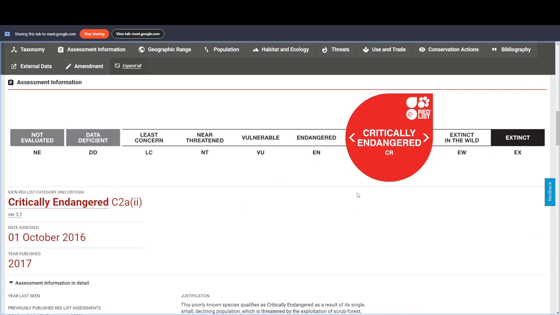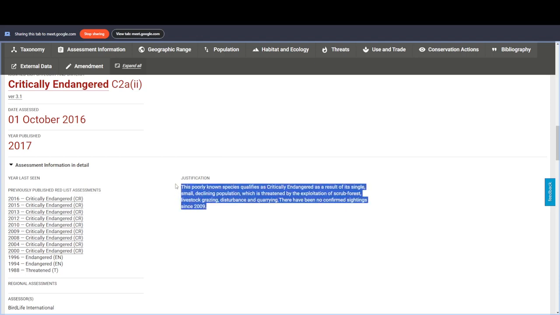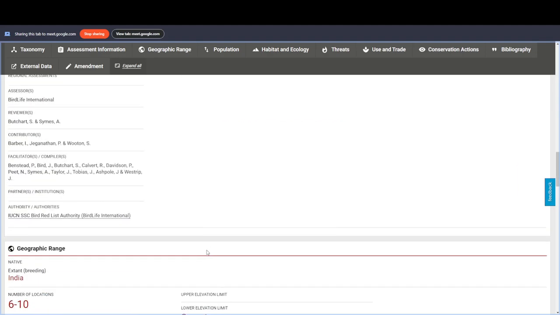So it falls under the critically endangered category because of its single small declining population, which is threatened by the exploitation of scrub forest, livestock grazing, disturbance and quarrying. There have been no confirmed sightings since 2009. So can you imagine, since 2009 this bird has not been seen, right?